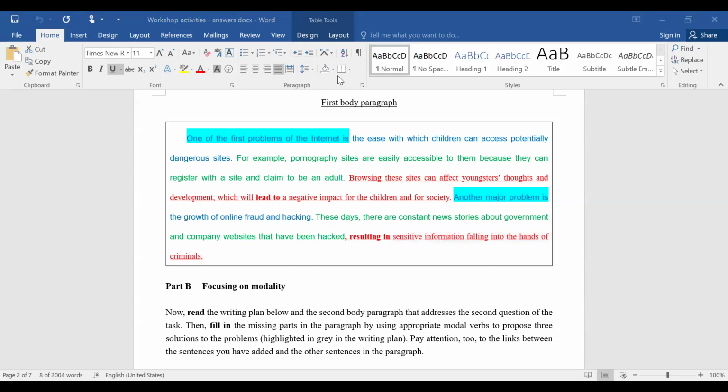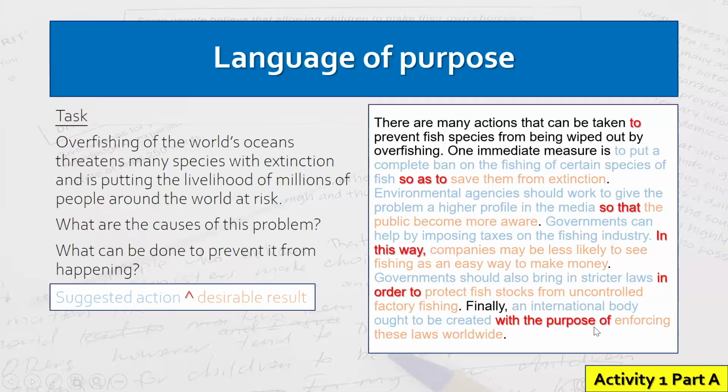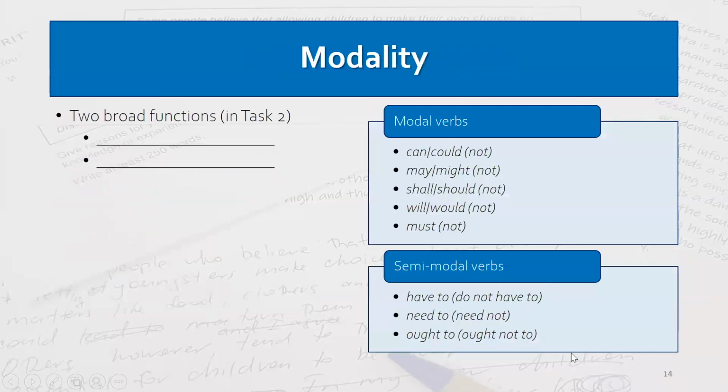So let me just talk a bit about modality before we have a break, okay? You may feel a bit scared when I use the term modality, but this is actually a professional term that we linguists use to refer to modal verbs and semi-modal verbs.